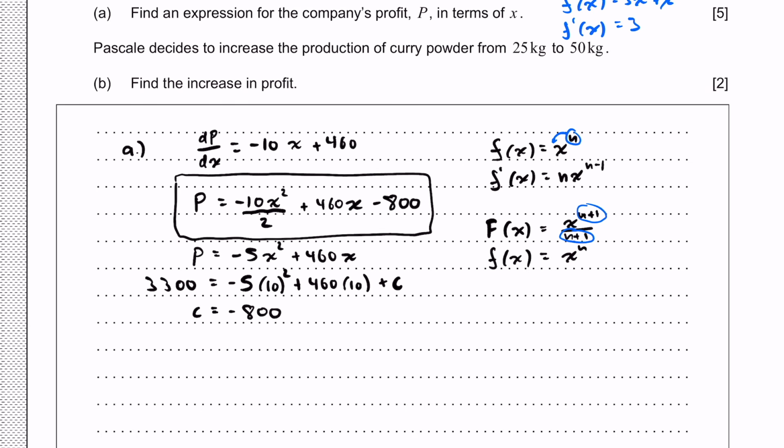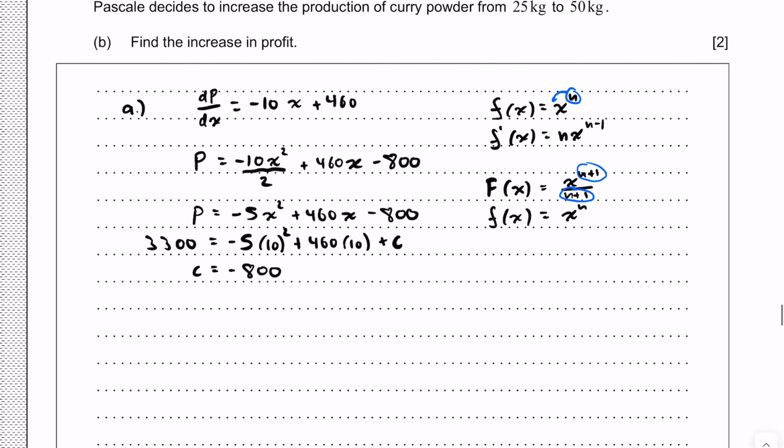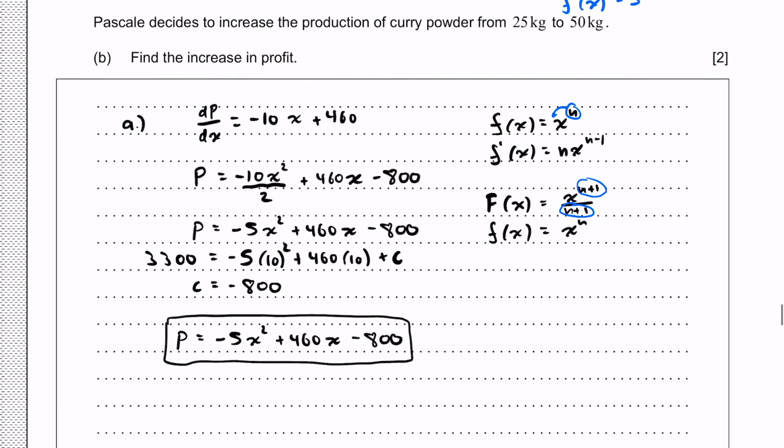We can also write it like this, right underneath. Okay, so this is our function. And let me go ahead and grab this so we can write it at the end, because I believe we might need to use this again. So here's our profit function.